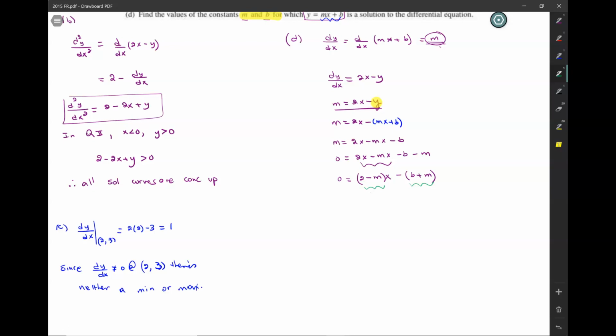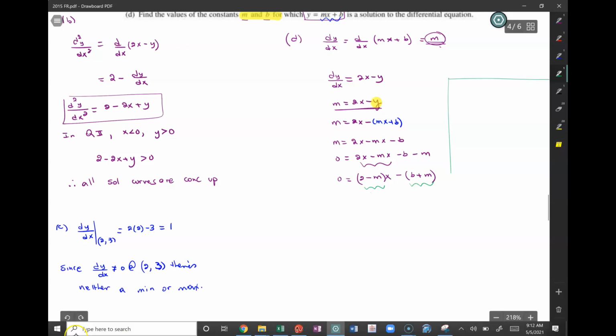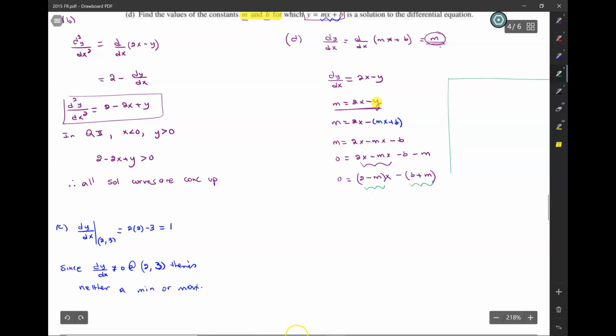Oh, wait. Back in pre-calc honors, when we do decomposition of partial fractions, you remember partial fractions? What did we do there?